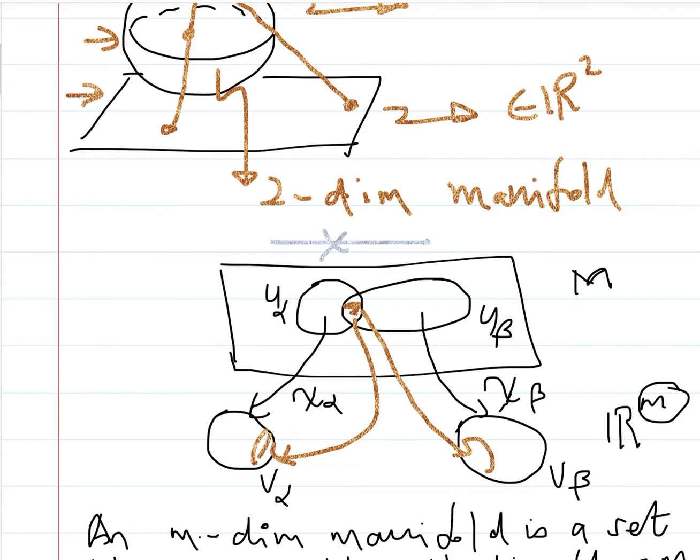If you take the inverse map chi alpha inverse on that little section, it goes in that direction onto the intersection. It's an onto map, so it blends back into the intersection, and from there you get chi beta acting on it, and it leaves it down here. So you've got chi alpha inverse going that way, and then chi beta taking that down there. So that's the map we're speaking of.